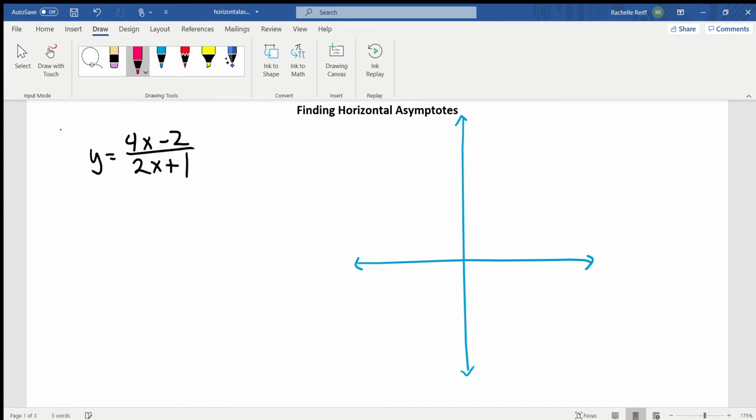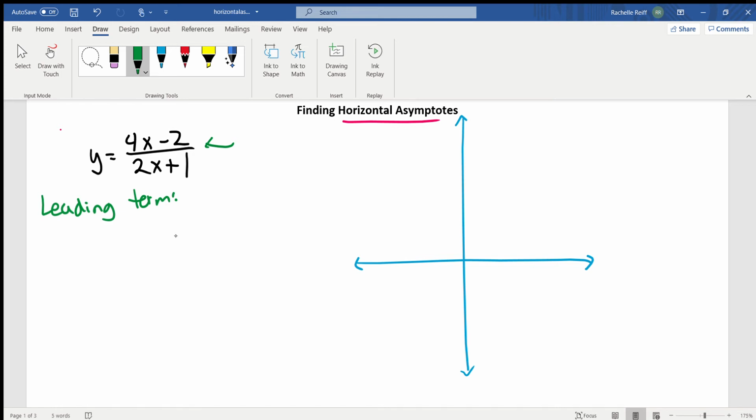Okay, so the key to finding the horizontal asymptotes for functions that look like this is to find what we call, and I'm sure you guys have heard of this in the lectures, the leading term. So what is the leading term of a function like this? Well, it's the leading term of the top thing divided by the leading term of the bottom thing.